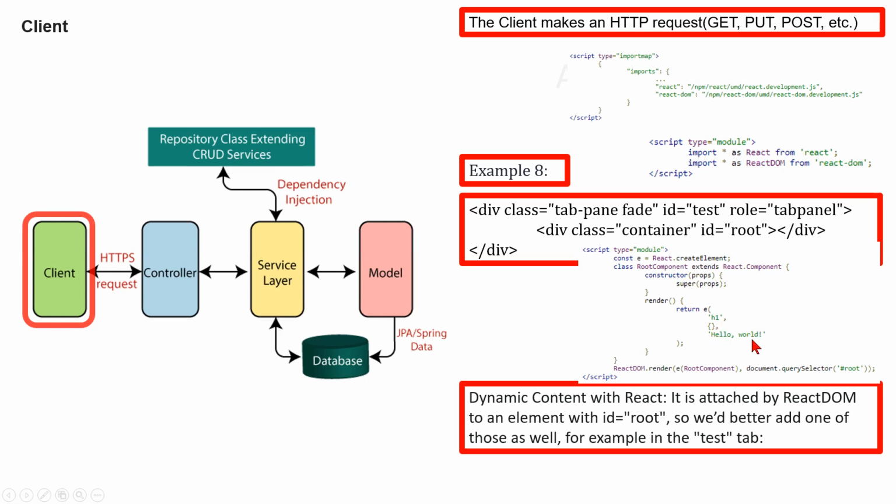It is attached by React DOM to an element with id equal root. So we would better add one of those as well. For example, in the test tab. If you run this, it should work and say hello world in that tab.